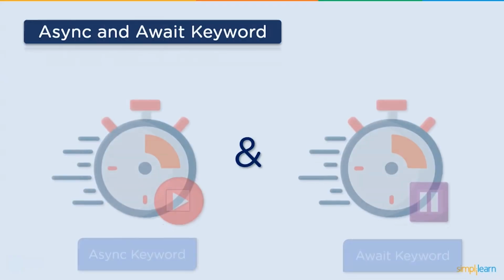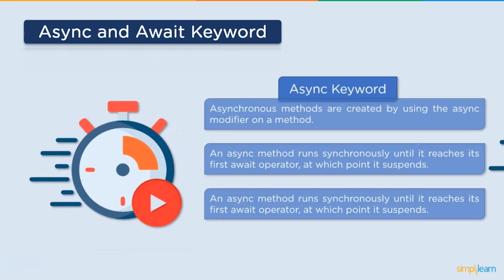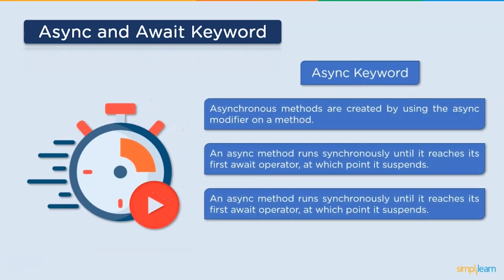Now, we will discuss async and await keywords. First up, async keyword. Asynchronous methods are created by using async modifier on a method. An async method runs synchronously until it reaches its first await operator, at which point it suspends.